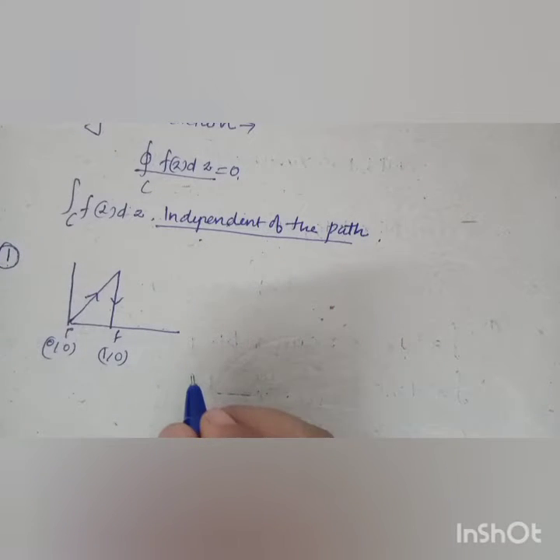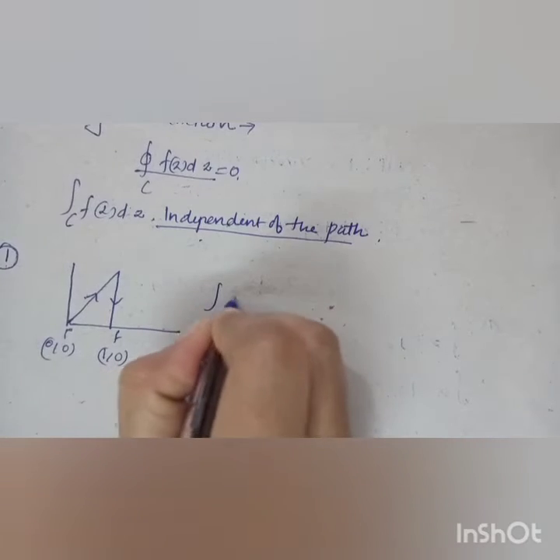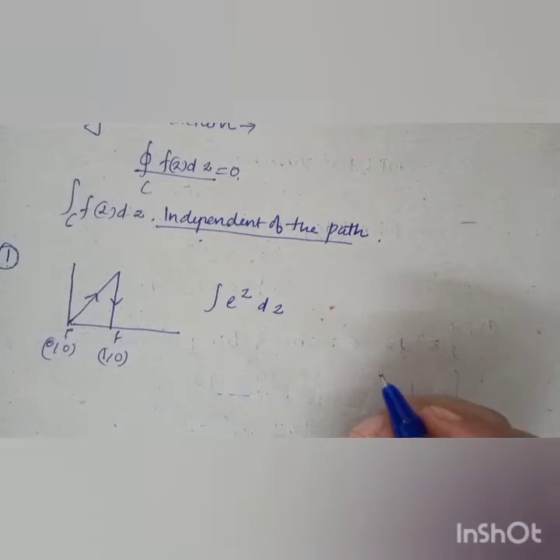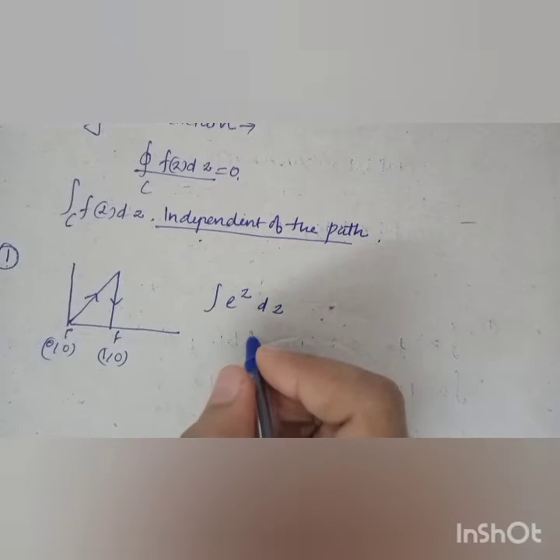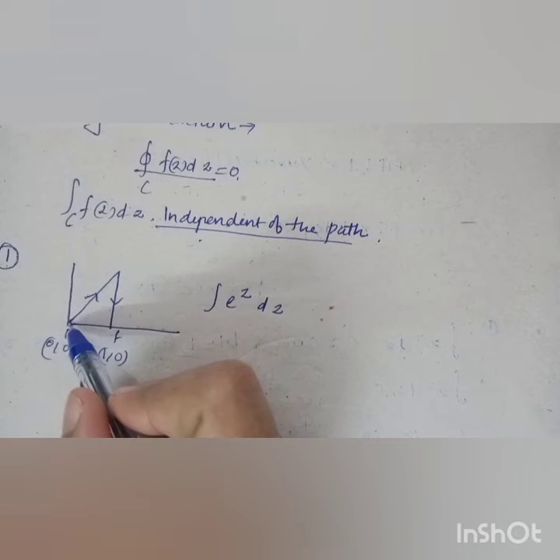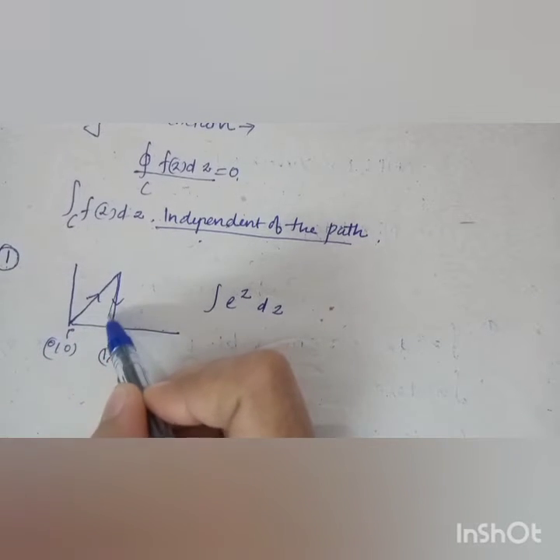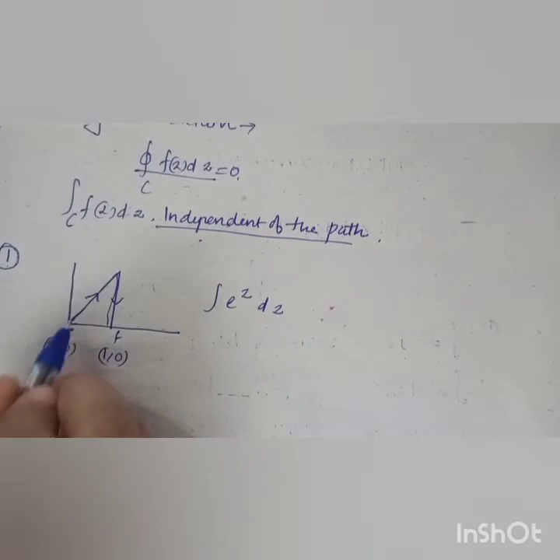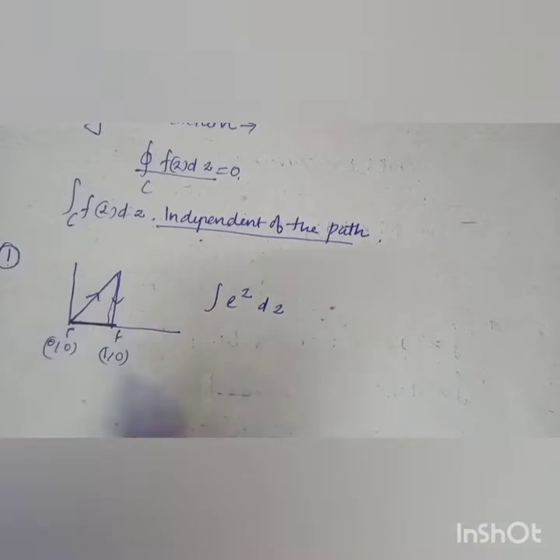So we know that the function given is e raised to z dz. So this is an analytic function. So you know that this is independent of the path. Otherwise, if it is not an analytic function, you have to integrate here and here like this. But here we know that it is independent of path, so we only do this integration along the x-axis.